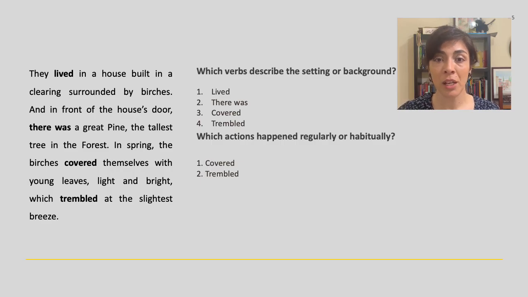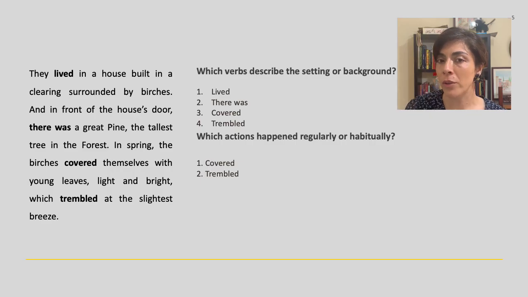There's the feeling of a repeated action over and over again, always in that time of the year. Also trembled. Whenever we have repeated actions in the past, in Portuguese, we would also use the imperfeito.